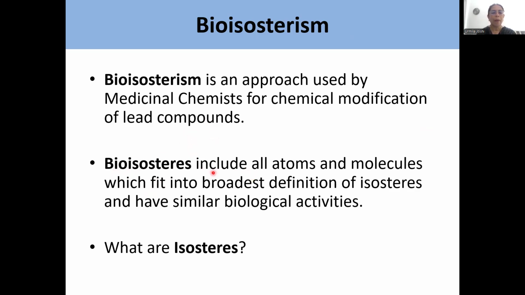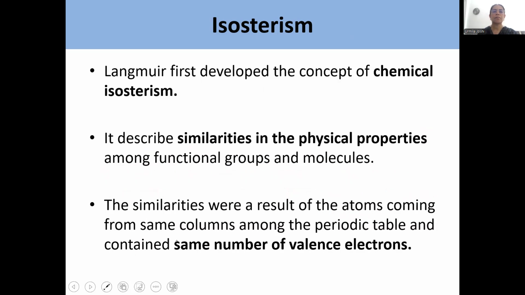Bioisosteres, by definition, include all atoms and molecules which fit into the broadest definition of isosteres and have similar biological activities. So bioisosteres are similar to isosteres. Now let us try to understand what are isosteres. Langmuir was a scientist who first developed the concept of chemical isosterism.